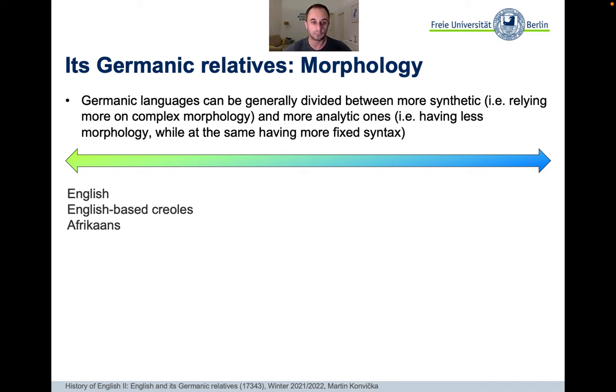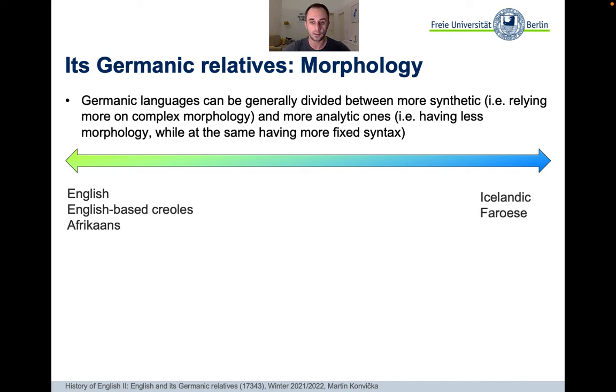Those more analytic languages don't rely so much on morphology. They don't have that many endings, prefixes, suffixes, and so forth, but they use more auxiliaries and more word order, and their syntax is also more fixed.